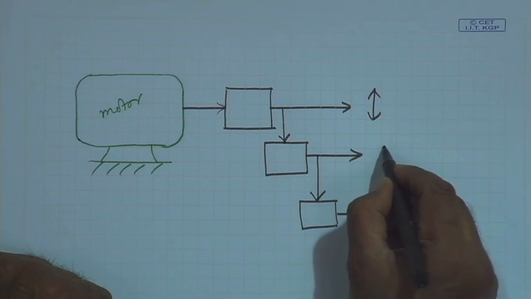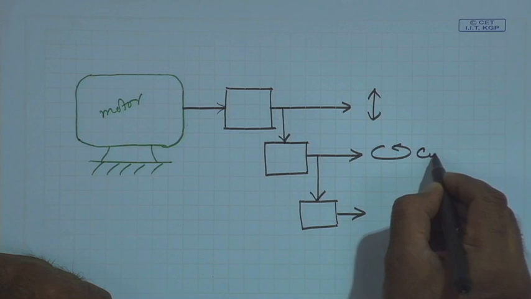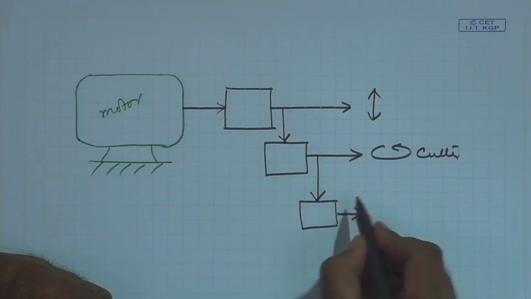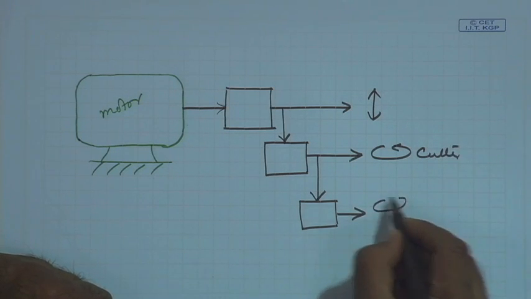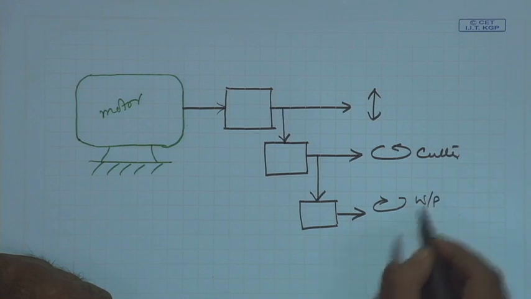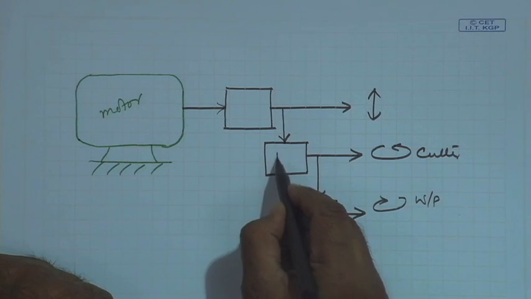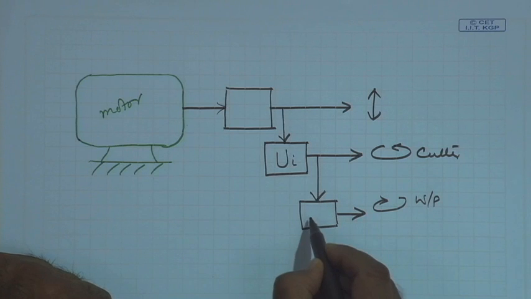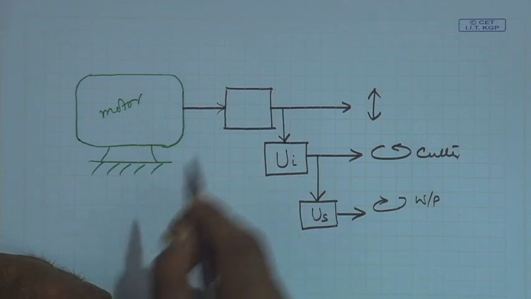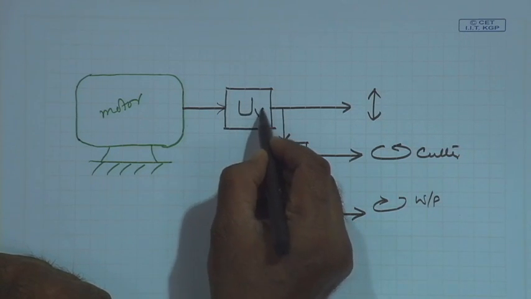Up down rotation of cutter and rotation of workpiece. And here we put UI and here we put US and here we are having UV.